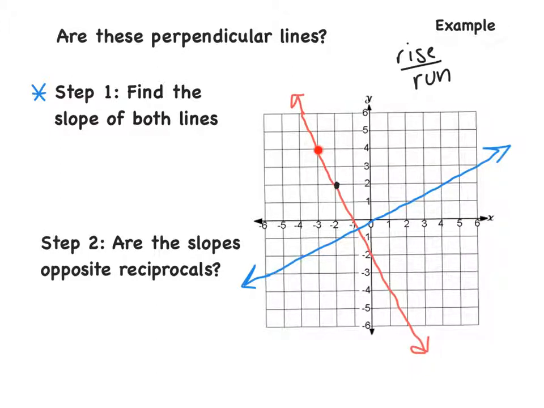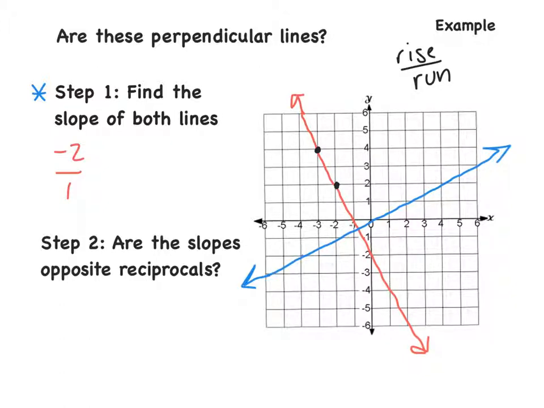To go from this point down to this point, looks like we have to rise a -2, and we have to run a +1. So the slope would be -2 over 1.